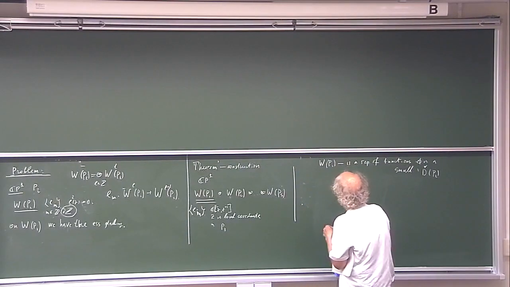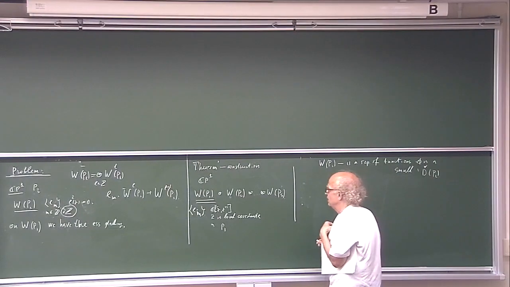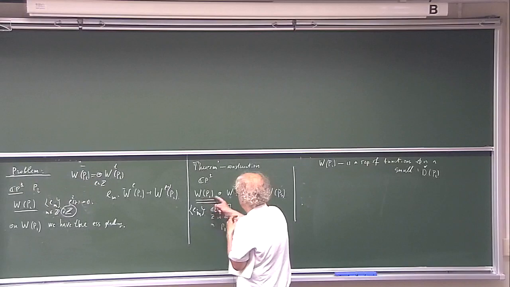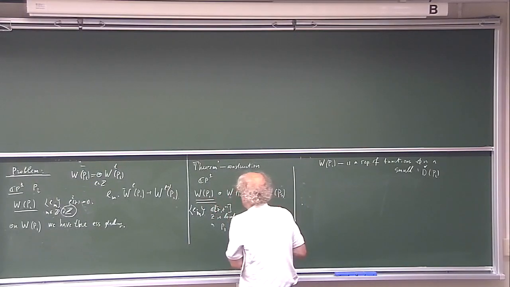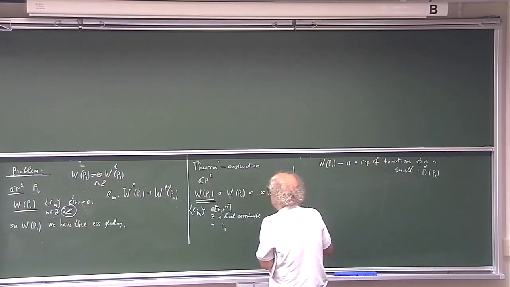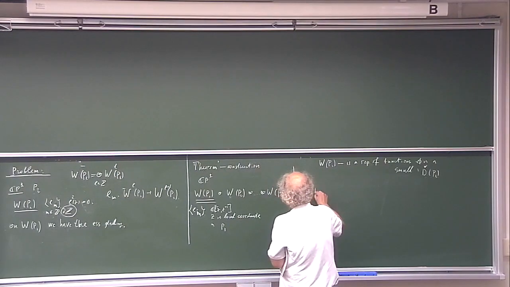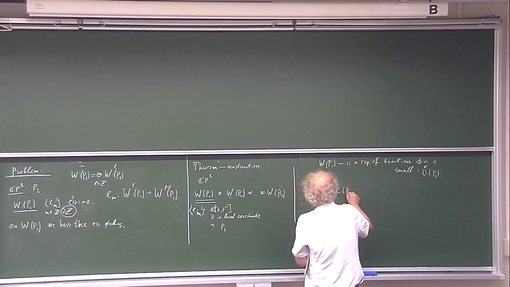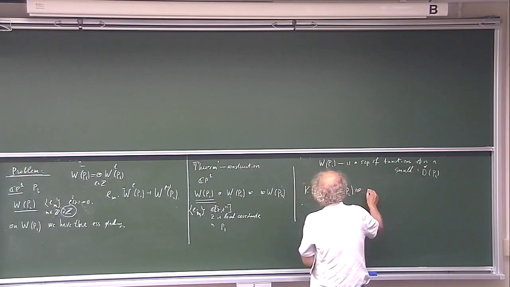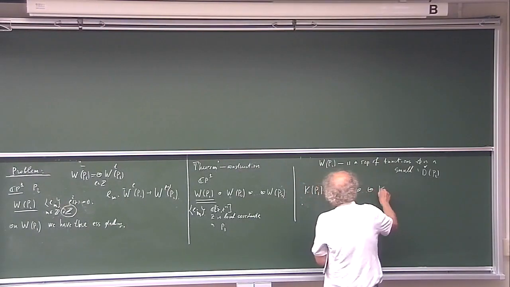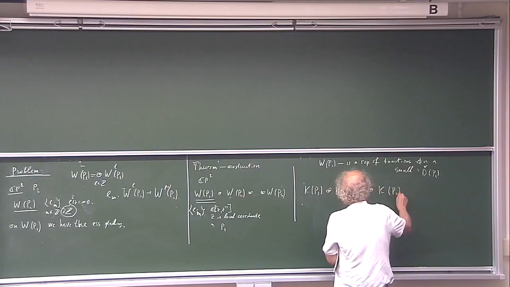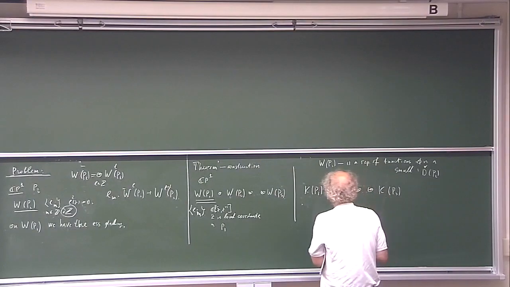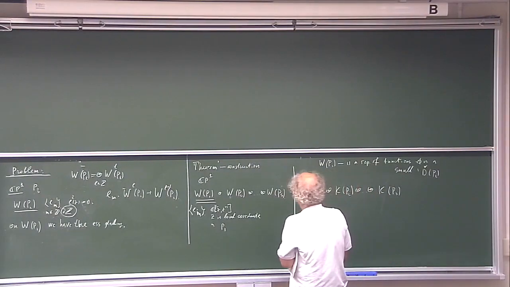I can do this. Therefore, if I consider the tensor product, then we have the action of k pi 1 plus k pi 2 plus k pi s on this product.